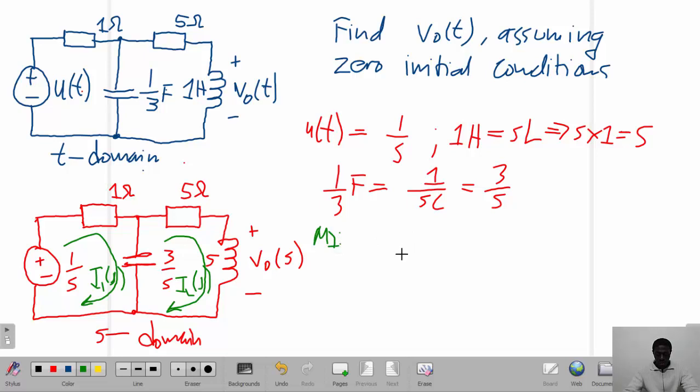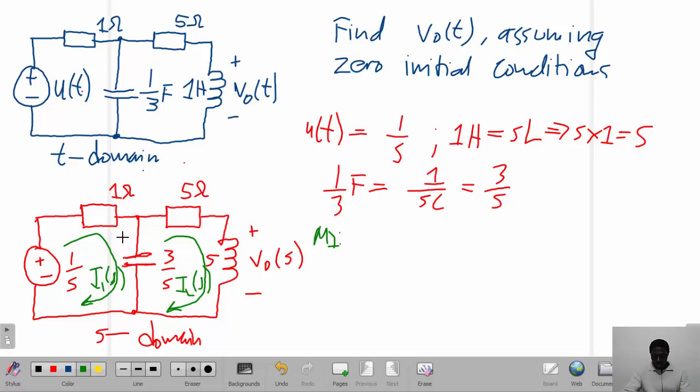So to get the solution for mesh 1, what we have is the potential, which is the voltage source here, 1/S, should be equal to the voltage drop across the capacitor and the voltage drop across the resistor.